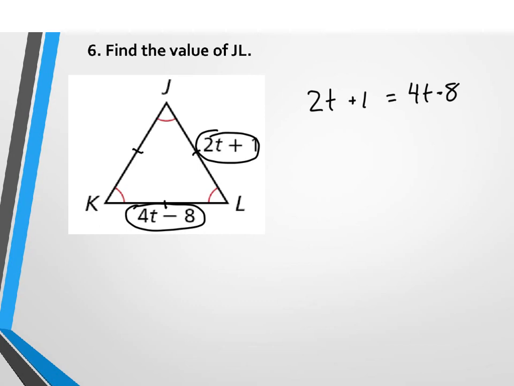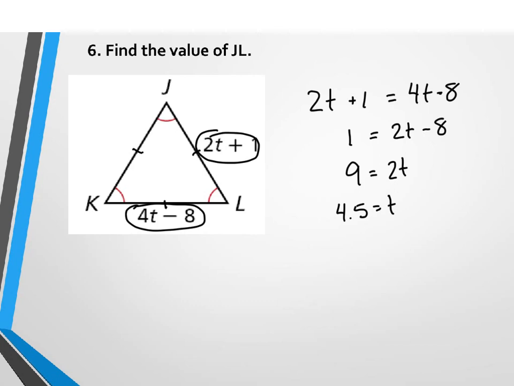Okay, so we have our equation to solve for t. Let's solve for t. I'm going to subtract 2t from both sides and get 2t minus 8 on this side. And then add 8 to both sides, we get 9 equals 2t. And now we can divide both sides by 2 to get 4.5, which equals t.